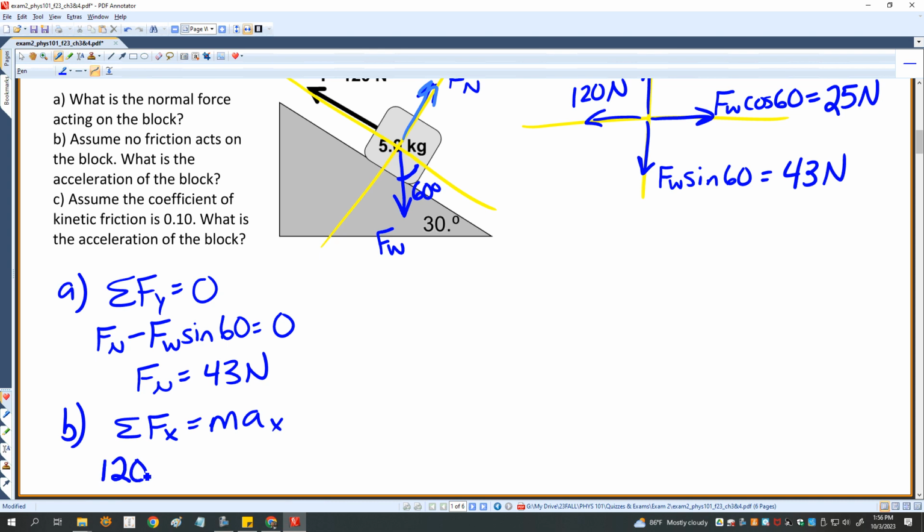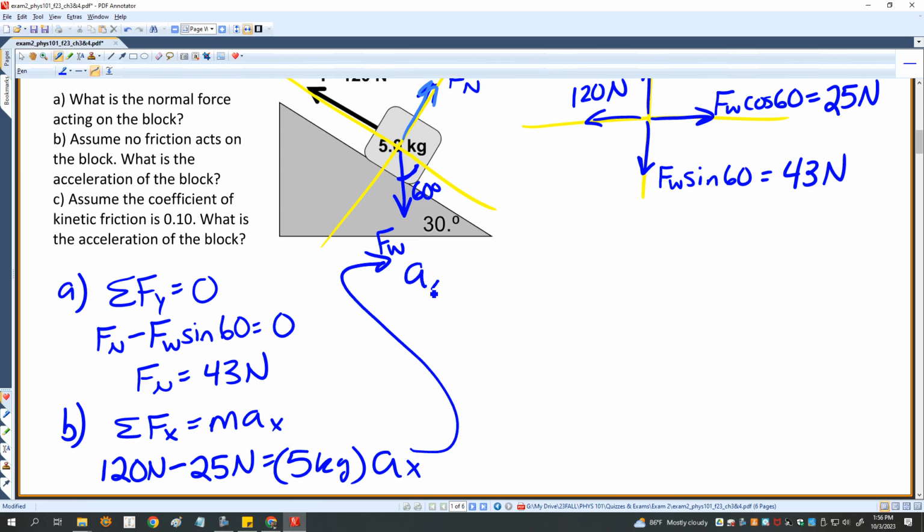We'll see 120 newtons minus 25 newtons is equal to 5.0 kilograms times AX, and I solve that for AX. That's 95 divided by 5, which is 19 meters per second squared. So that is my acceleration up the inclined plane.